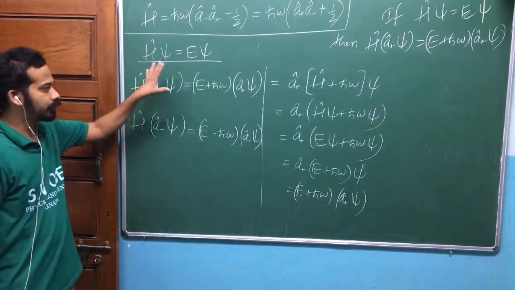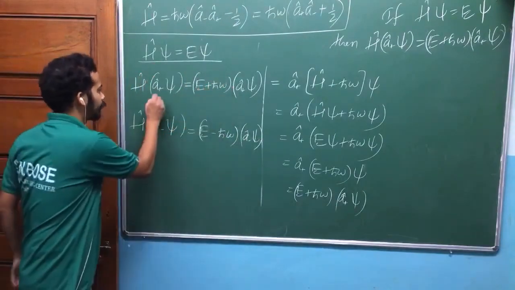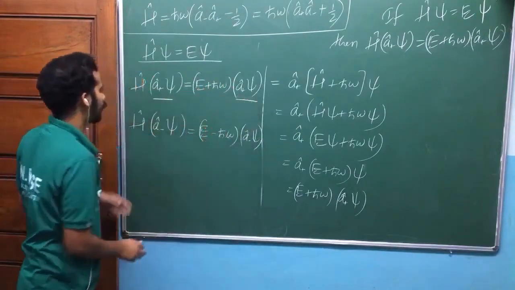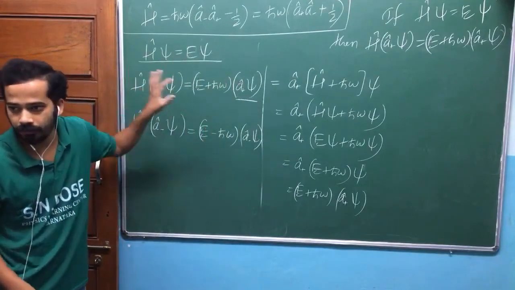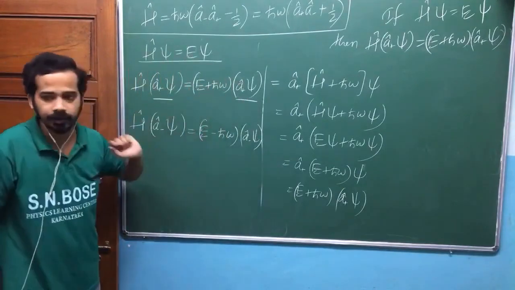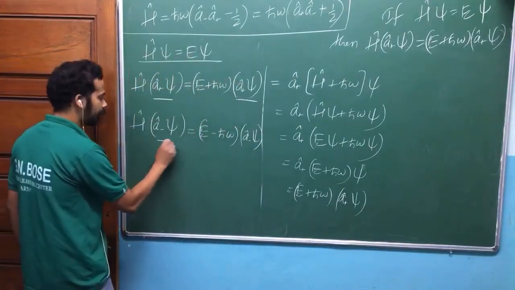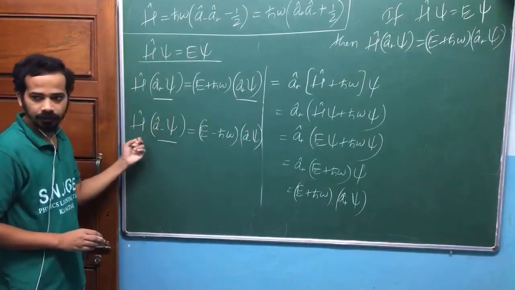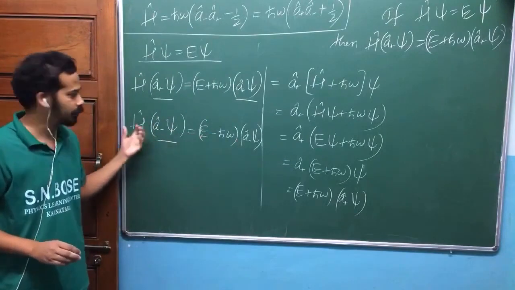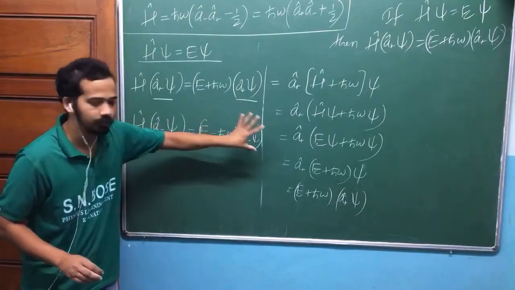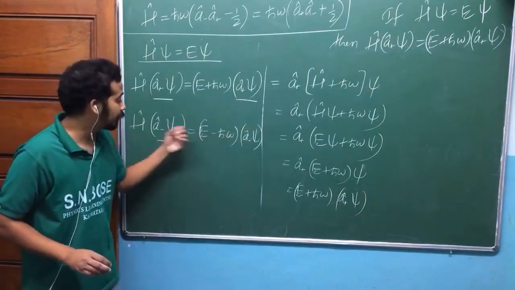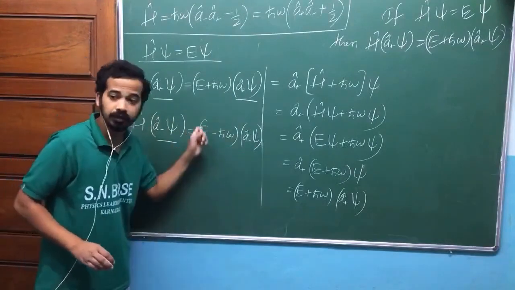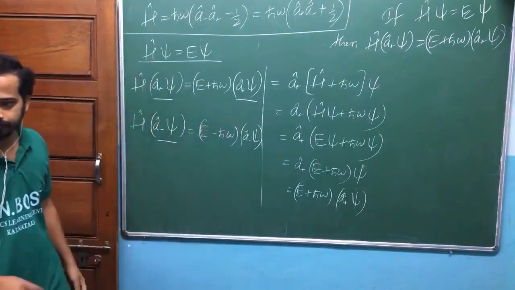If you operate a plus on psi, it is such a wave function that it follows Schrodinger equation with energy E plus h bar omega. If you operate a minus on psi, it is such a wave function that it satisfies Schrodinger equation H psi equal to E into psi, with energy E minus h bar omega.